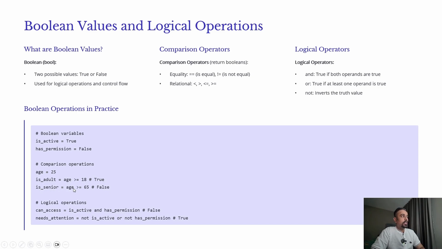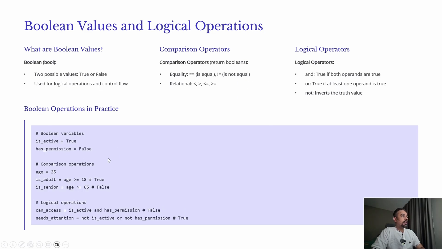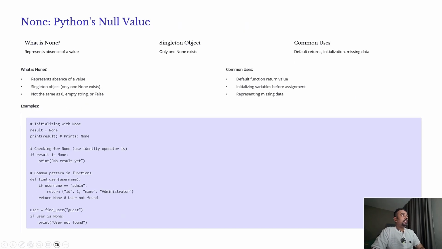And if I use a different comparison, it is going to return false. You can use it in comparison operations, as well as in logical operations where you check by giving a condition. Now let's understand another important concept, the null value of Python.